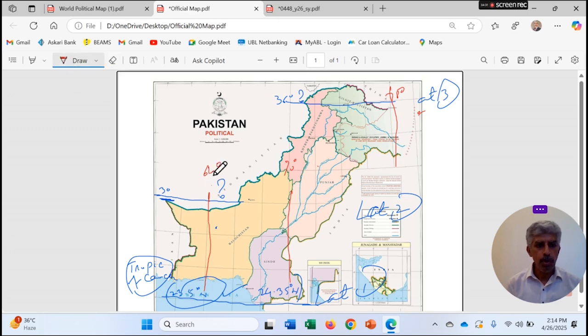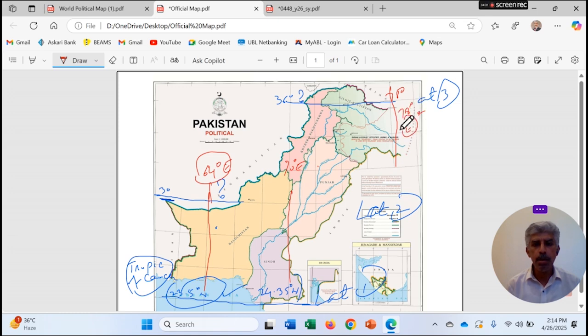Okay, so 64 degree, this line, 64 degree east. It is a must to write east, as 64 degree is in the west as well in European countries. 70 degree east and 78 degree east.